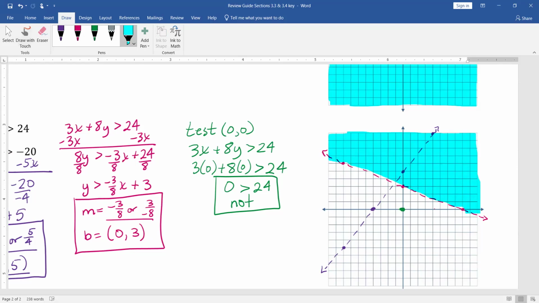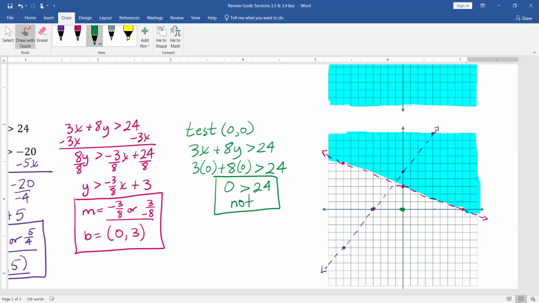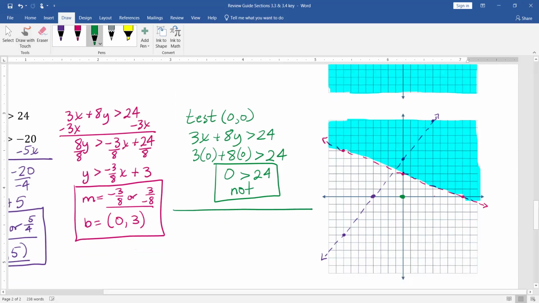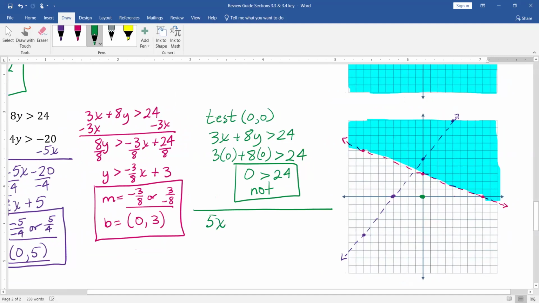So that means that either the left side of that purple line or the right side of that top portion is going to be my solution set. So change my color to that, and then let's test the second equation. That was 5x minus 4y is greater than negative 20.